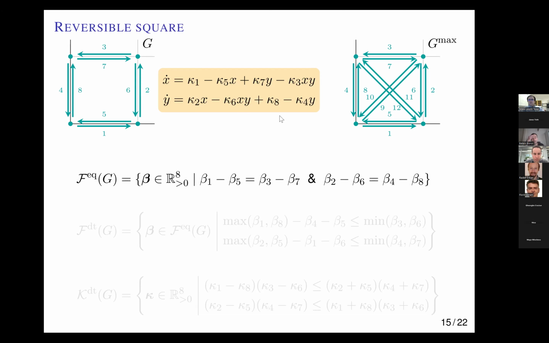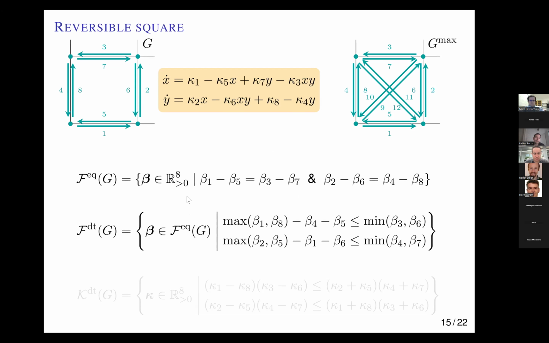Or if you like, the equilibrium fluxes are simply the kernel of the stoichiometric matrix. All the fluxes, of course, have to satisfy the conditions for the equilibrium fluxes.